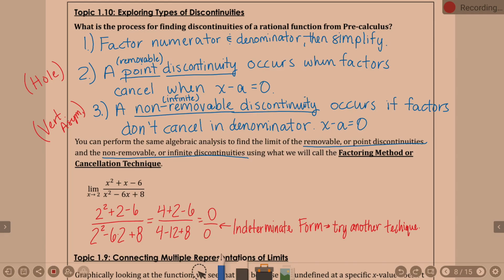Does it look like those pieces factor? Yep. Factoring is always a good thing because good things can come out of factoring. They don't always, but they can. Now, I haven't actually taken the limit yet, so I want to make sure that I keep writing the word limit. Limit as x approaches 2. And I'm going to factor. Are we okay with this factoring?